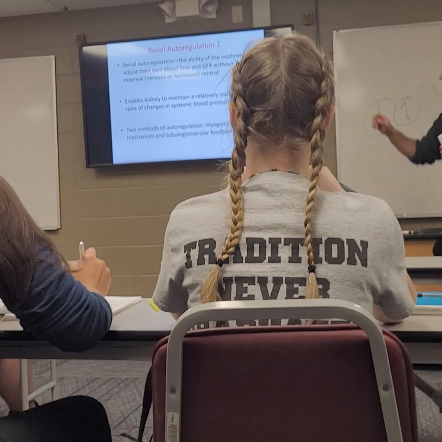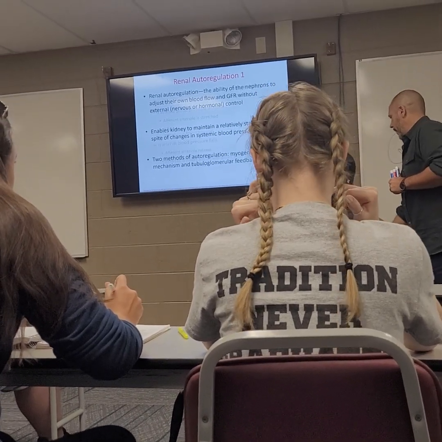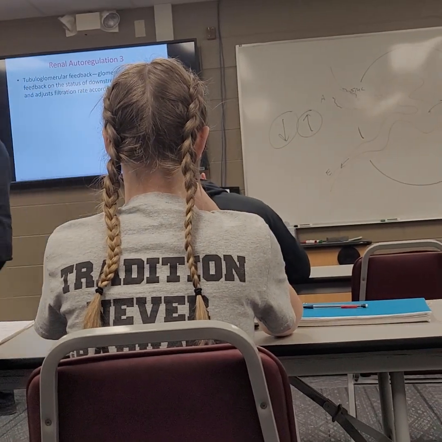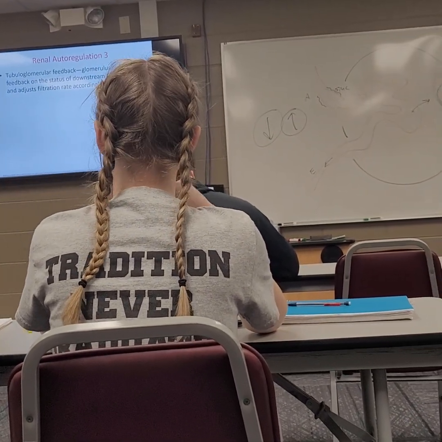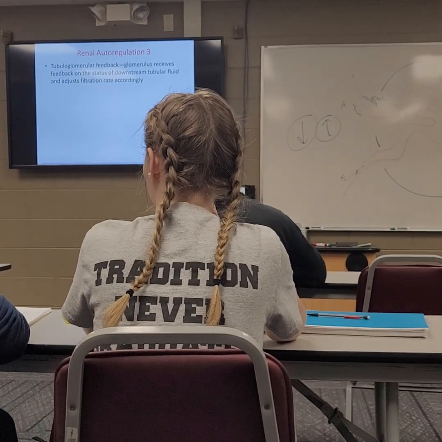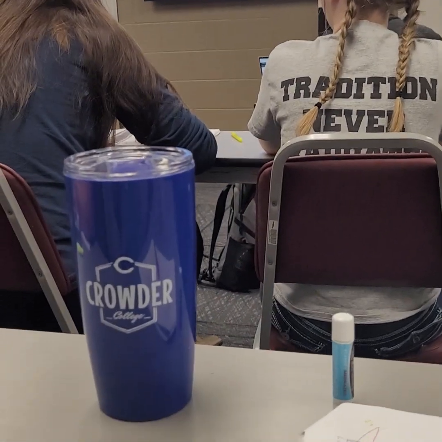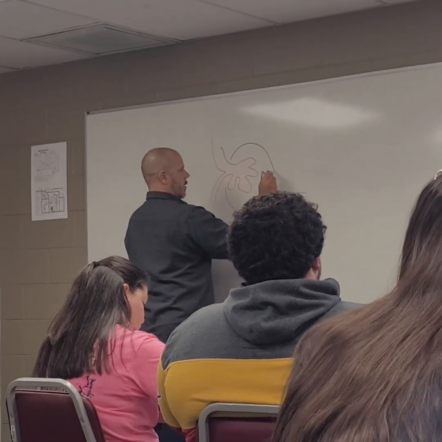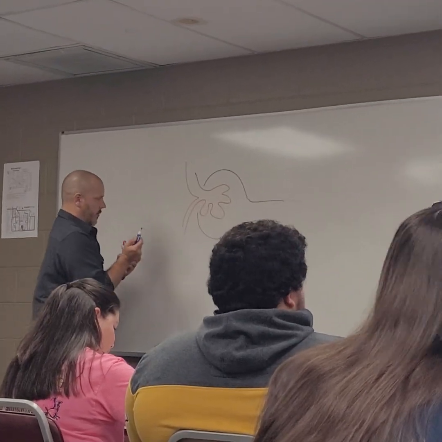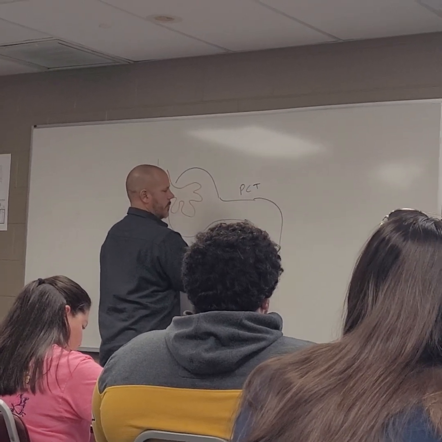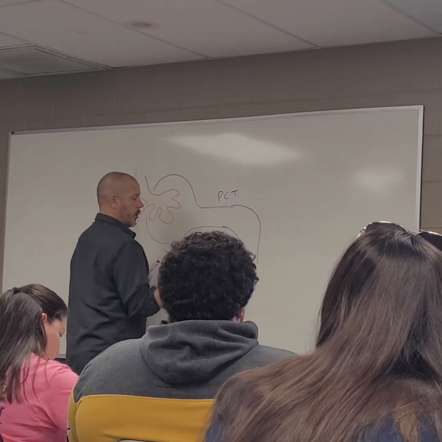All right, let's go to the tubuloglomerular feedback system. So I'm going to draw a smaller version of that over here. All right, so that's my proximal convoluted tubule, and we ought to know now that it takes a dip down and becomes the loop of Henle, but eventually it comes back up.